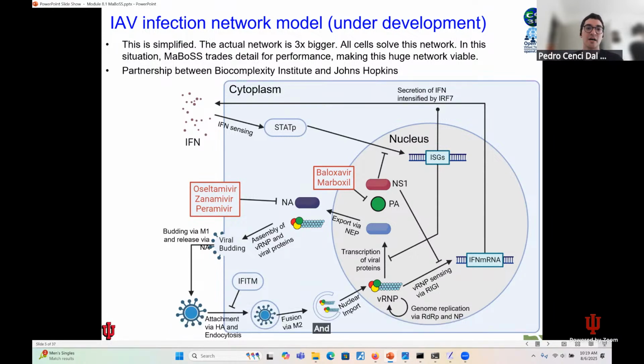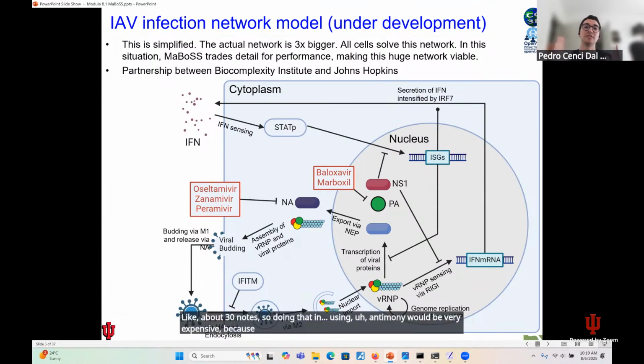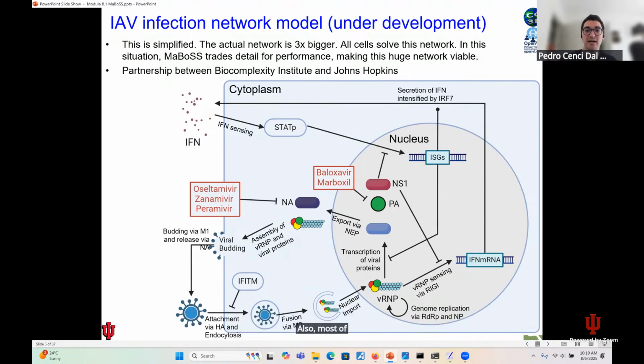And here I opted for using MaBoSS because the network is very big. It contains about 30 nodes. So doing that using Antimony would be very expensive because every single cell is running this big model. Also, most of these nodes have a binary impact. For example, only one viral genome is enough to trigger interferon response.